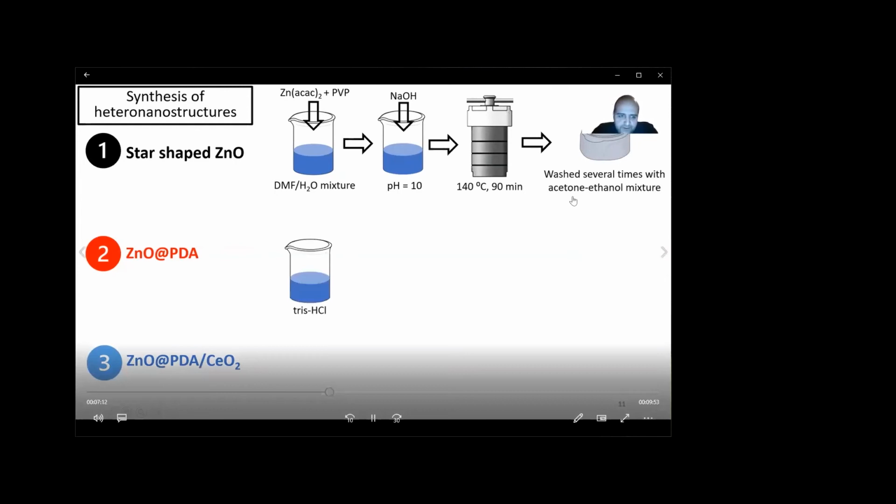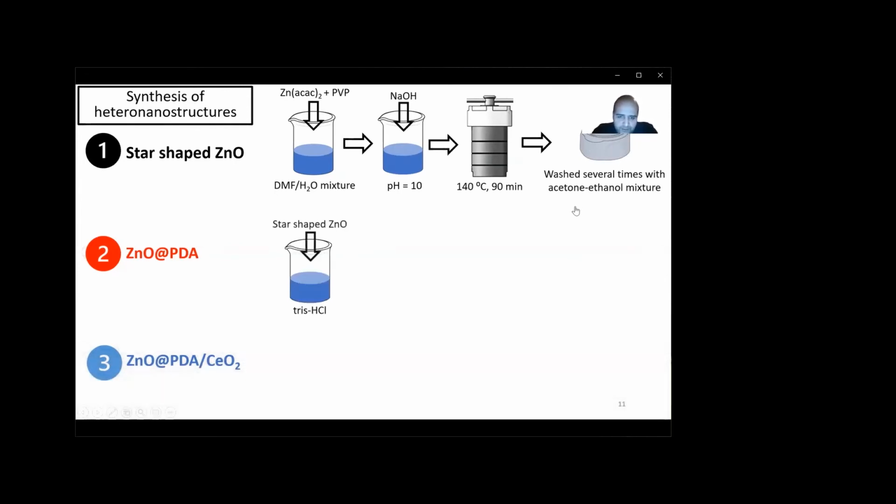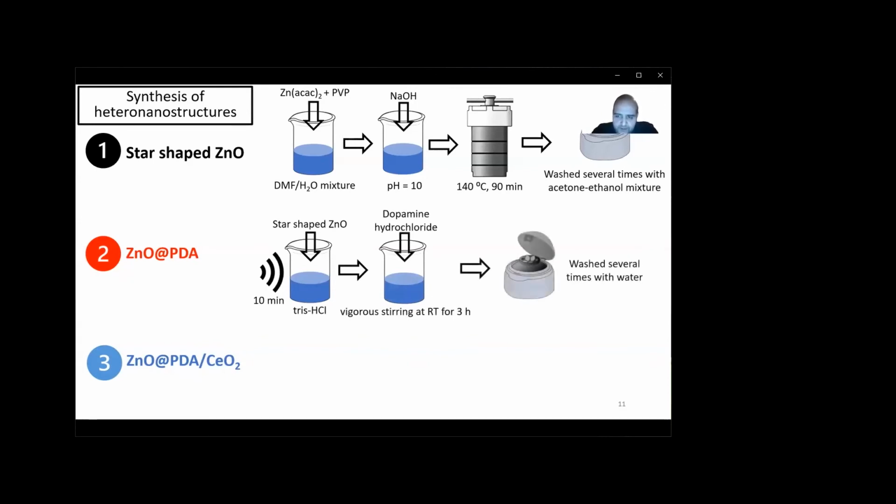So the obtained zinc oxide particles were added to Tris-HCl and sonicated for 10 minutes. Then dopamine hydrochloride was added under vigorous stirring at room temperature for 3 hours. And the obtained product was washed several times with water.